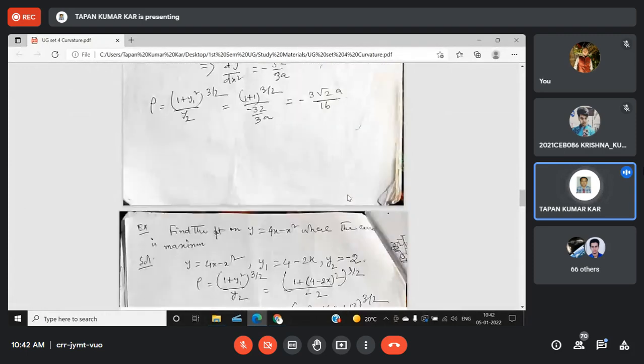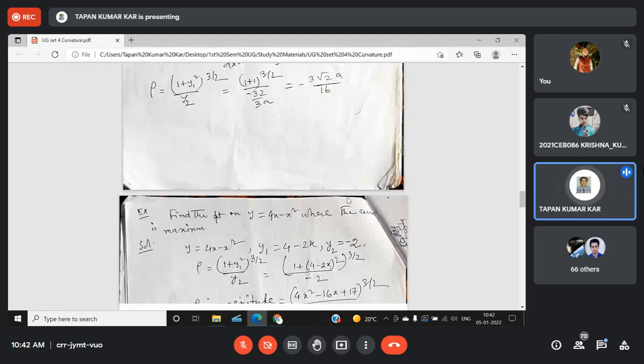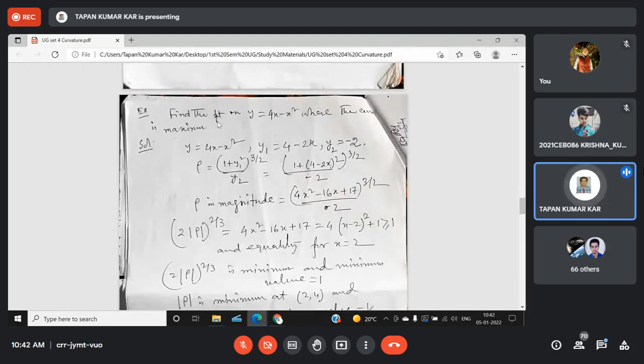Okay, let us find anything more. Find the point on y equal to 4x minus x square where the curvature is maximum, not radius of curvature. Curvature is maximum.